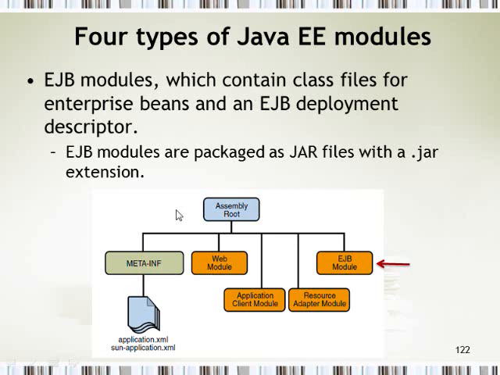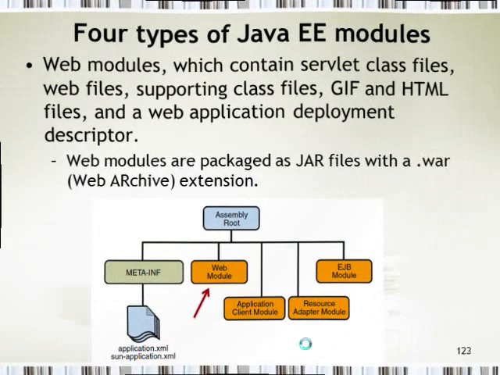Remember, jar is a Java archive file, but the extension for this is changed to EAR. I have not mentioned that. The extension will be EAR. If you package it fully, then it becomes EAR. If you are placing only one module, not the other things, then it is .jar.